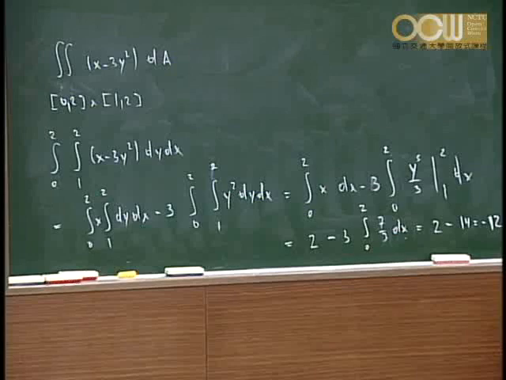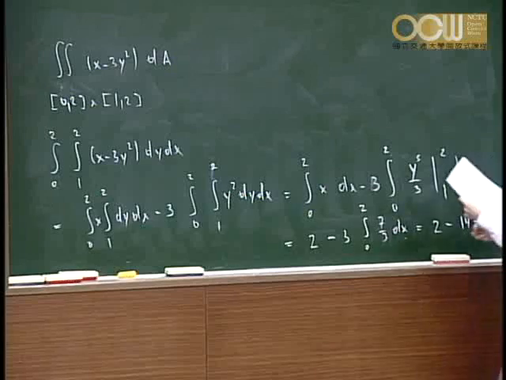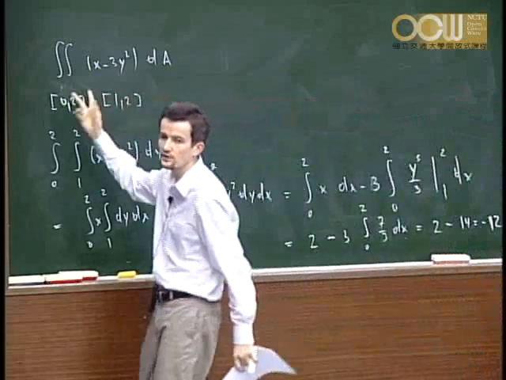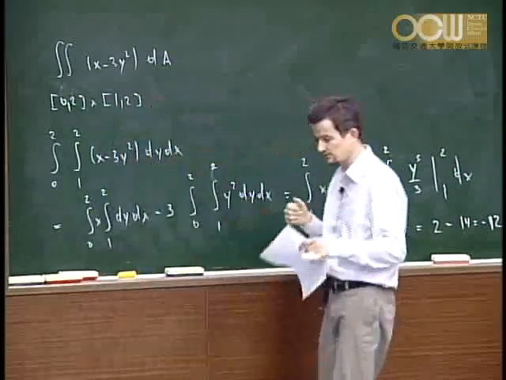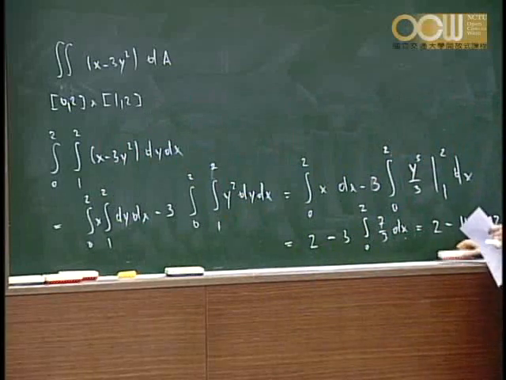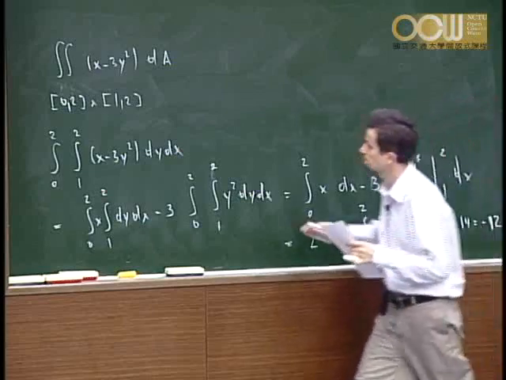Now, another example which shows you that sometimes, because actually you have here freedom of choosing the order of integration, and sometimes this freedom will help you to compute the integral much quicker.